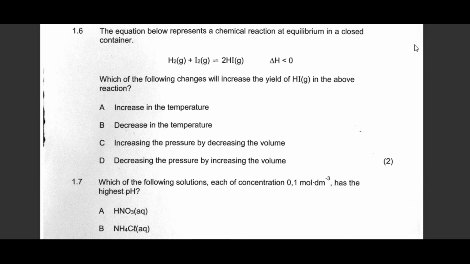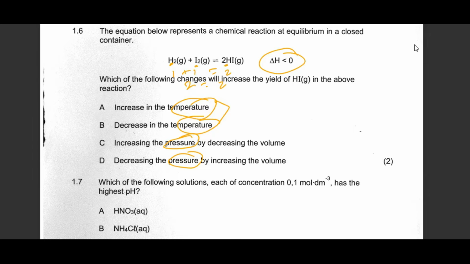So first ask yourself, because they're talking about pressure and temperature: whenever they talk about temperature, look at the enthalpy. Whenever they talk about pressure, look at the number of moles. So you have 1 here plus 1 here giving you 2. So 2 equals 2. It means that pressure will not affect it, because you have 2 moles before and 2 moles after.